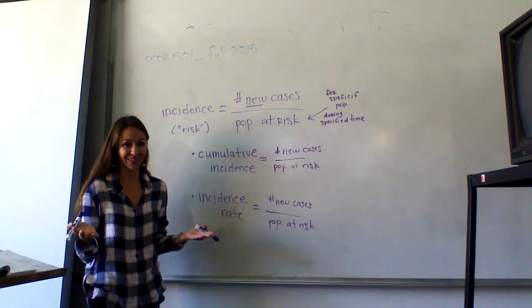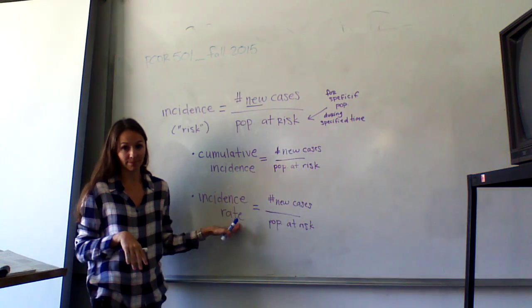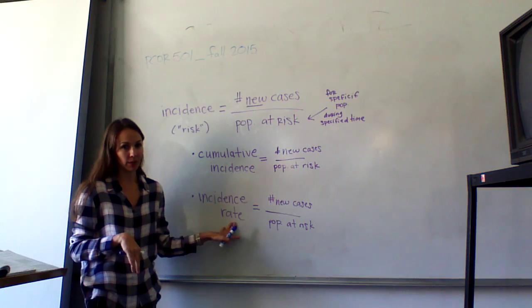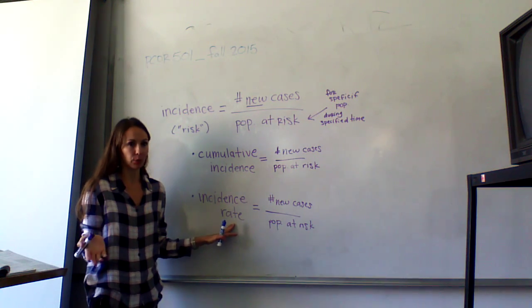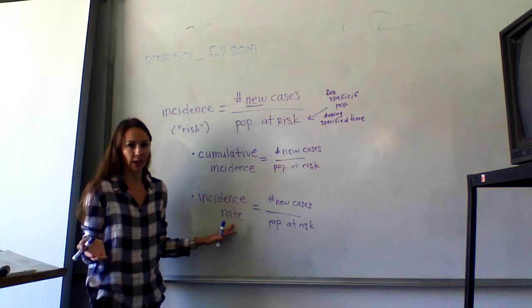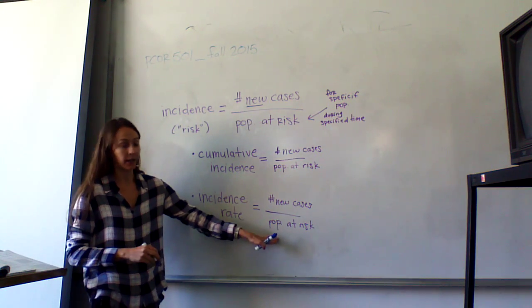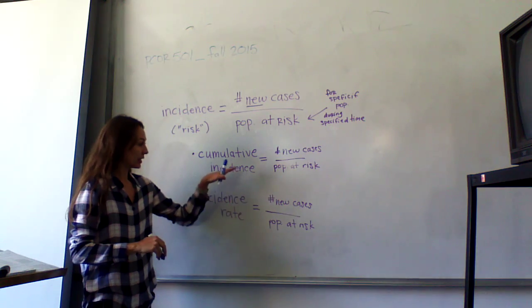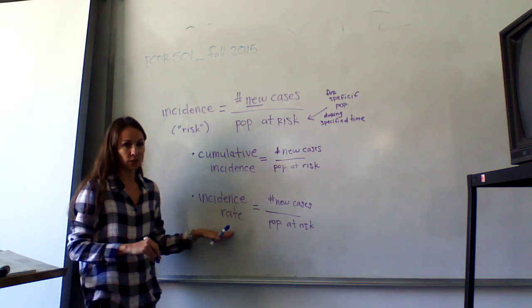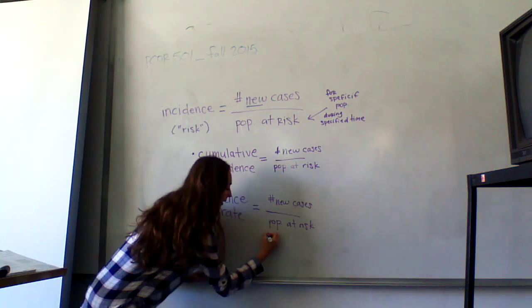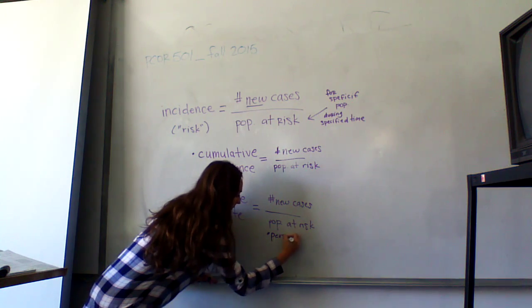So what's the difference? Well, what is a rate? A rate has time in the denominator, right? Just like miles per hour is your rate of how fast you're going in your car. You're going to find time in the denominator. That's the easy way to figure out which calculation to do, if you can calculate that person time.